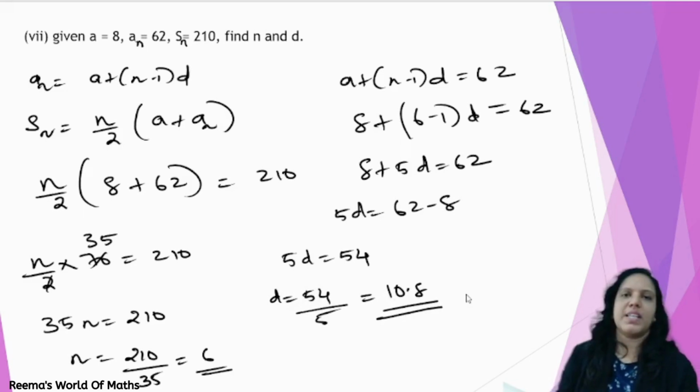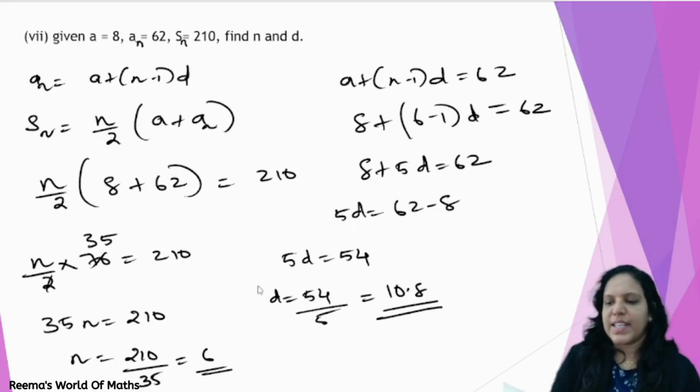So the common difference here is 10.8. We have found the number of terms n equals 6 and d equals 10.8.